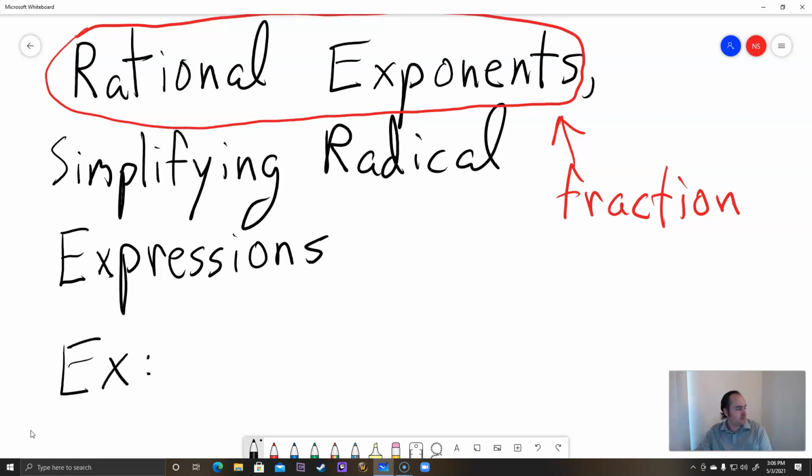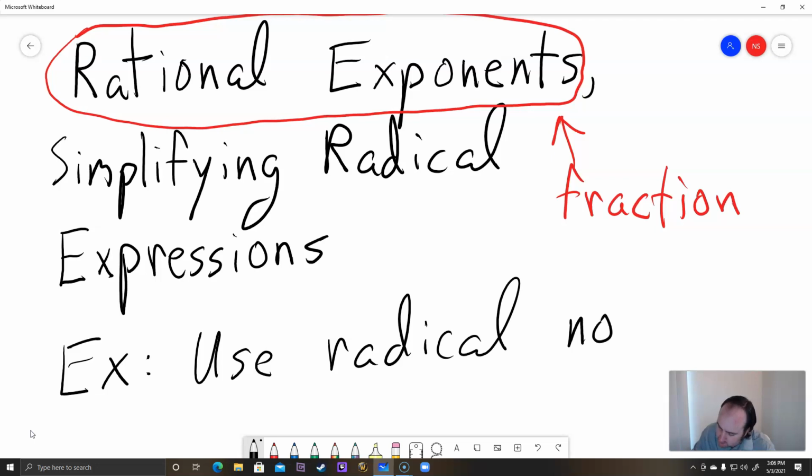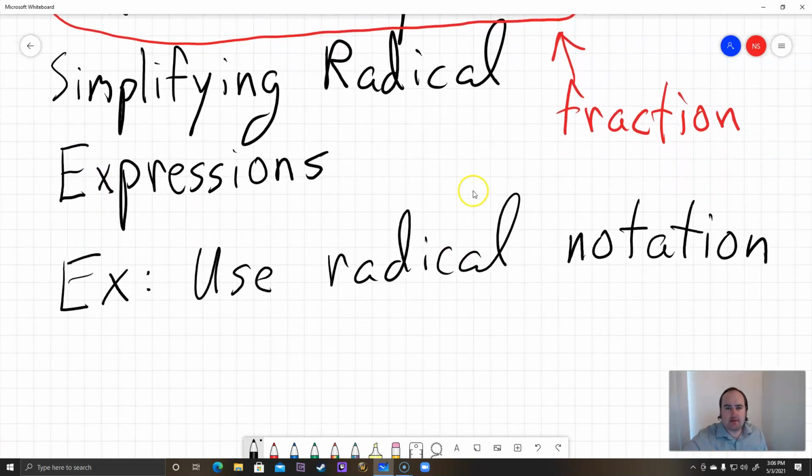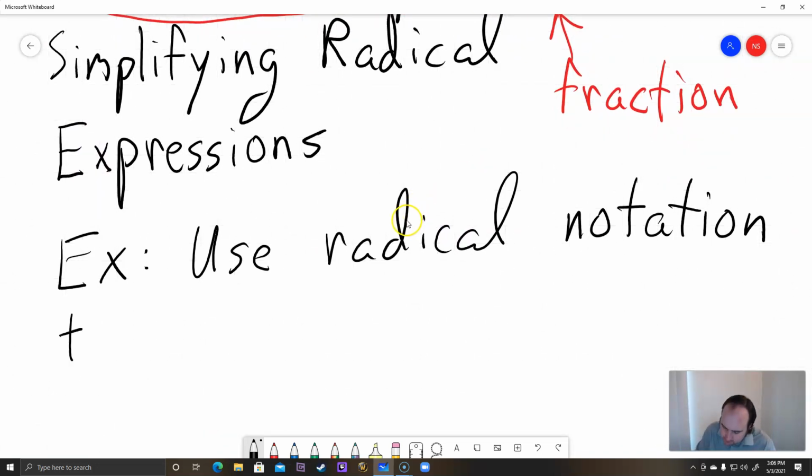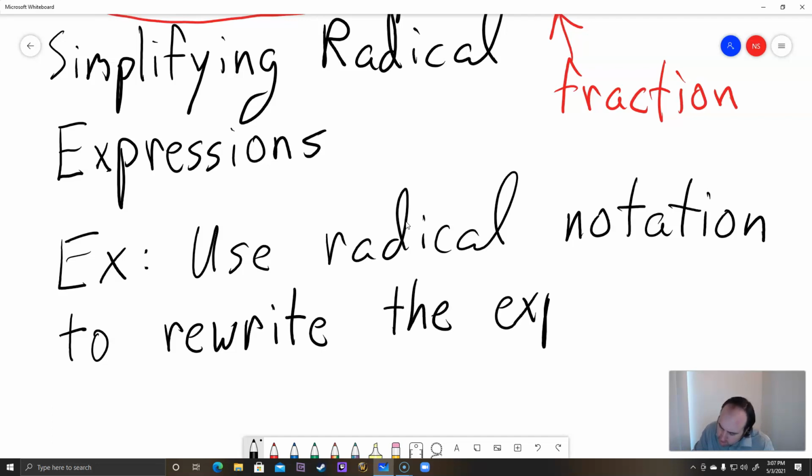Example: use radical notation to rewrite the expression.